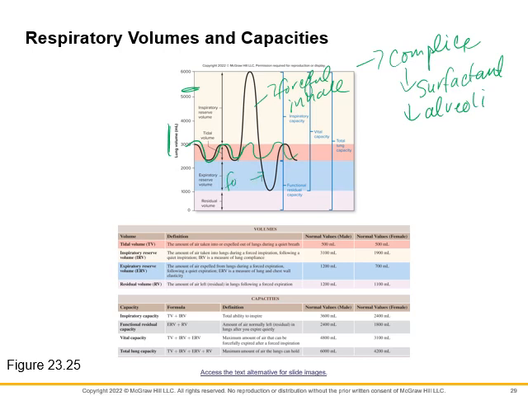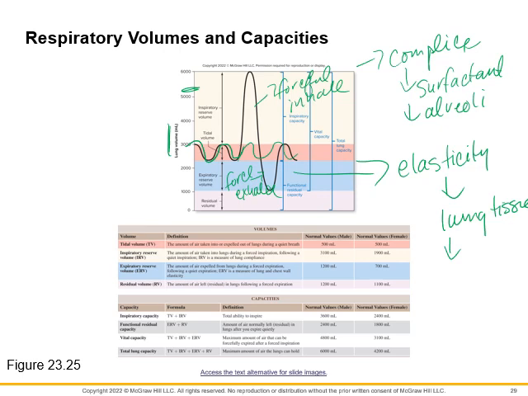And then we said there's this forcible exhale. And that forcible exhale has something to do with elasticity. And when I think elasticity, I'm thinking about elasticity of lung tissue. And then I'm also thinking about rib cage, right?